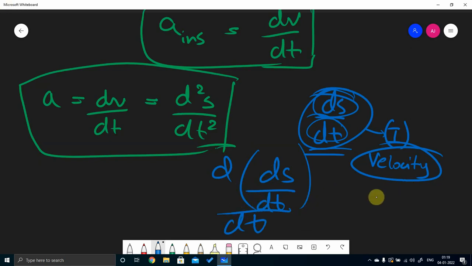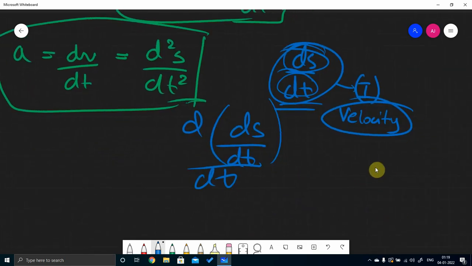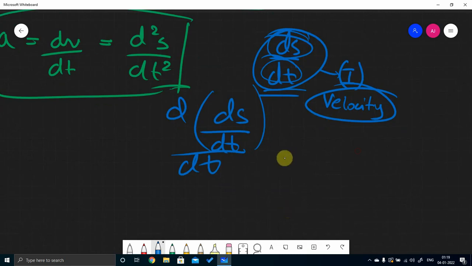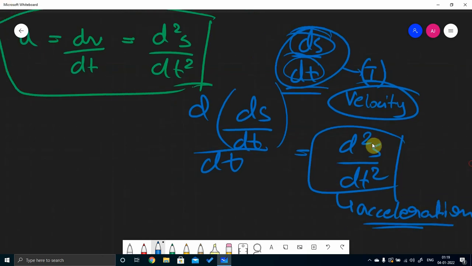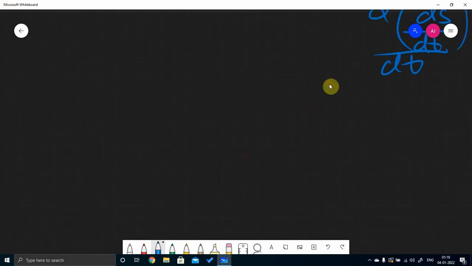So this is basically d2s upon dt2, and this represents our acceleration, of course instantaneous acceleration, since it is in differential form. So this is all about acceleration and velocity.